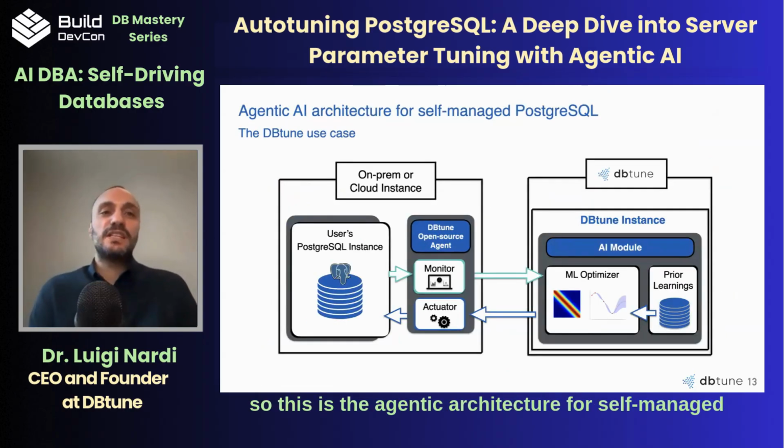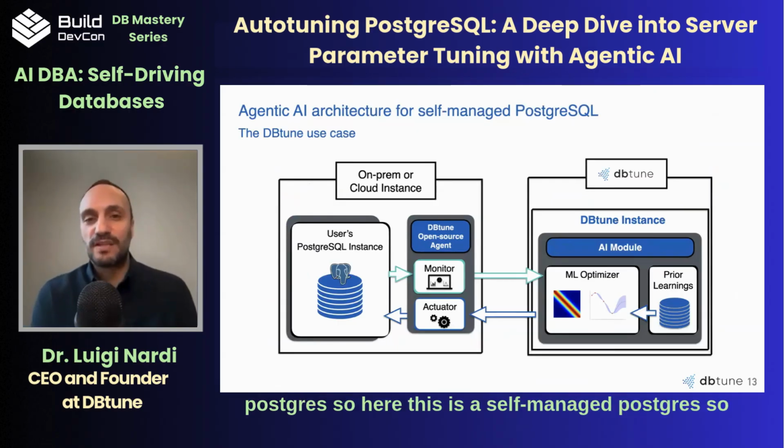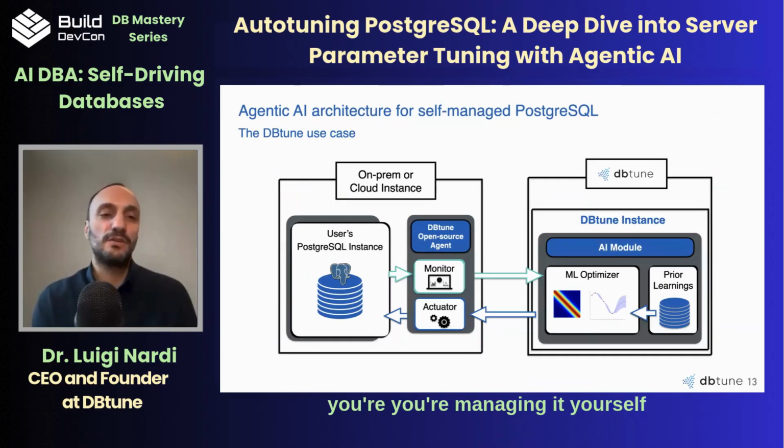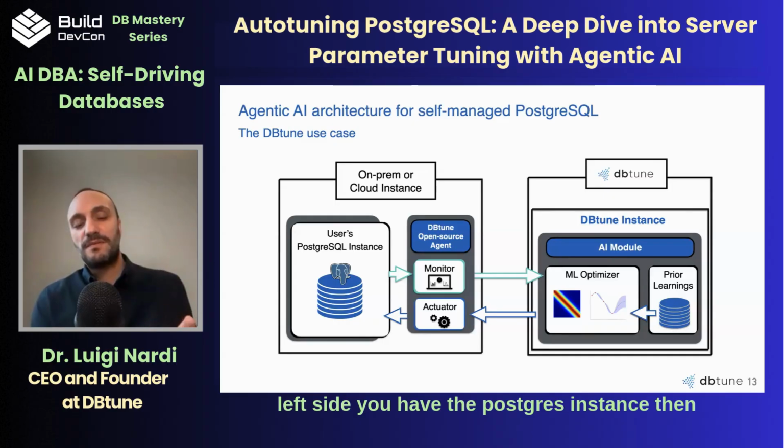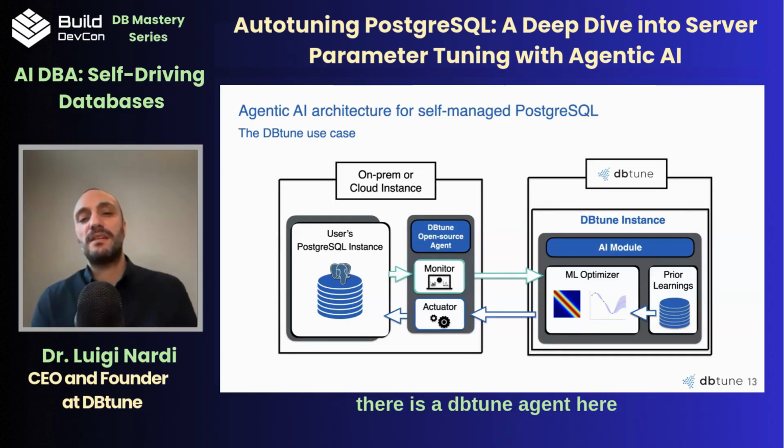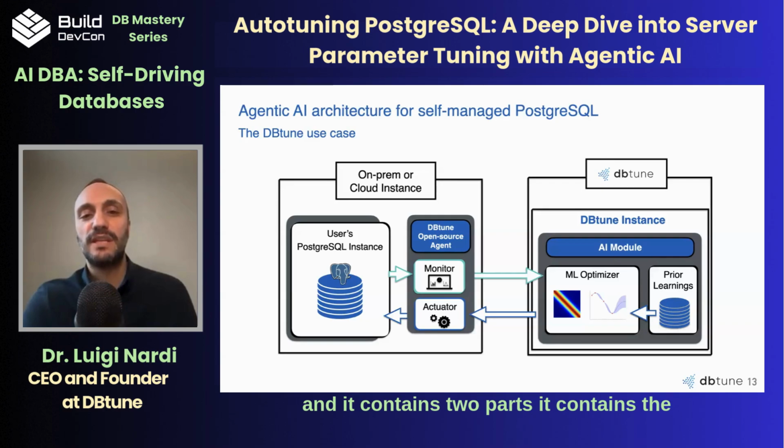So this is the agentic AI architecture for self-managed Postgres. Here, this is a self-managed Postgres, so you're managing it yourself. And on the left side, you have the Postgres instance. Then there is a DBtune agent here that is open source, and it contains two parts.